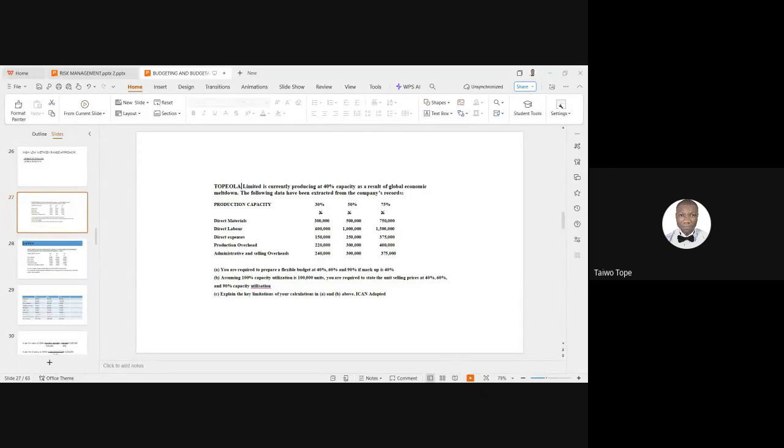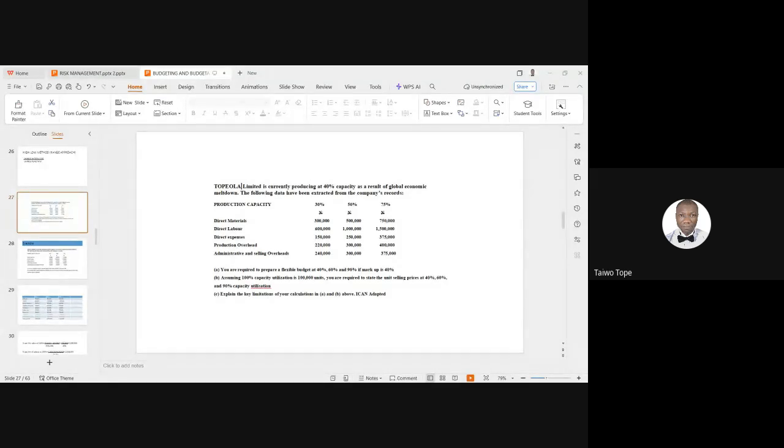How will I know the fraction of fixed in this overhead? How will I know the fraction of variable in this overhead? And that is where the concept of cost separation will come in. And for you to be able to do that, based on this question, the concept of high-low method will also suffice in trying to solve this.